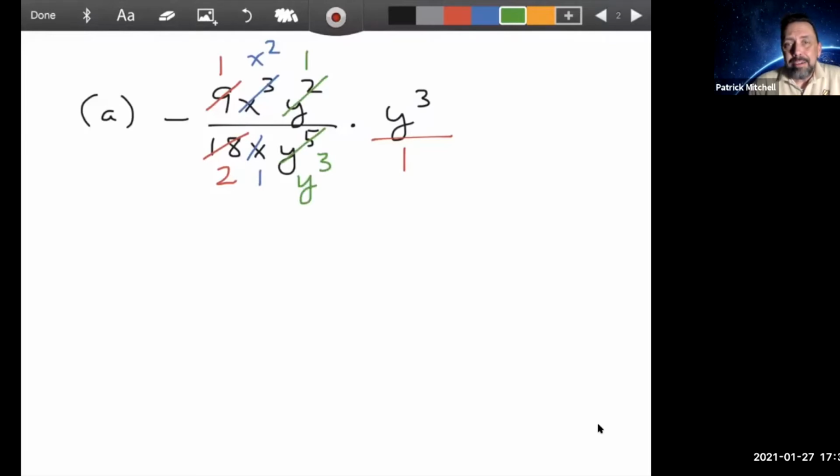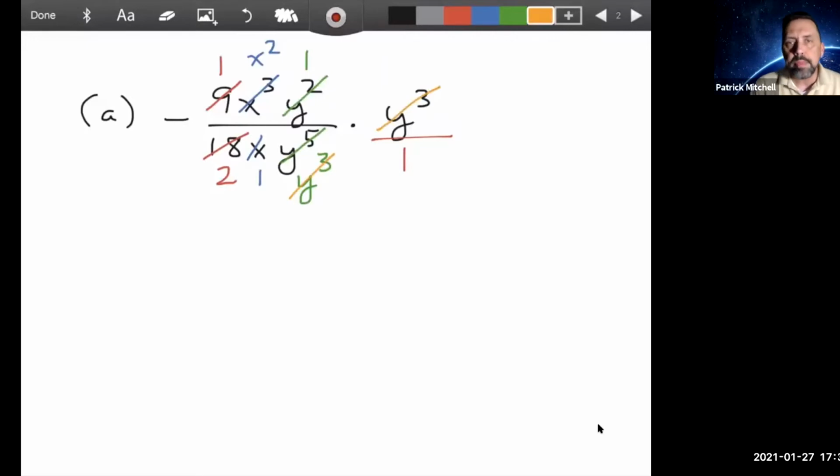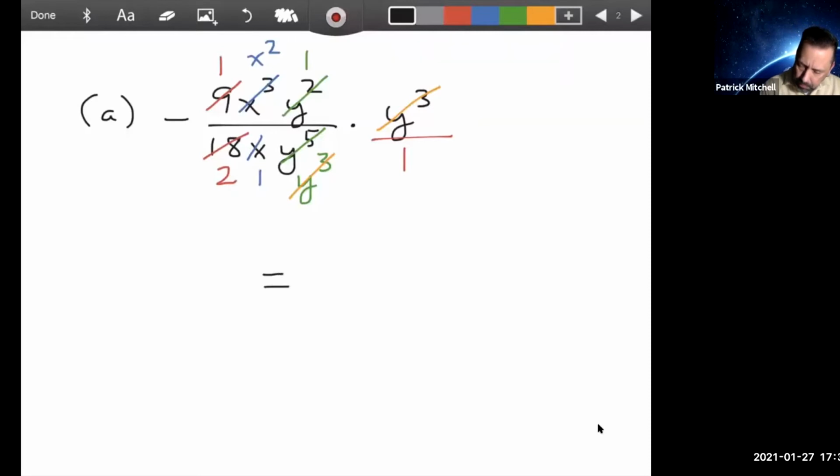But then I have another y to the third on top, so now you can actually take the y to the third on the bottom and the y to the third on top, and those just cancel each other out. And again, they leave 1s. I'm not going to keep on writing those 1s. So now you just kind of pick through what's left. Notice that negative sign that was sitting outside. We're not going to do anything with that. That's just going to get carried along.